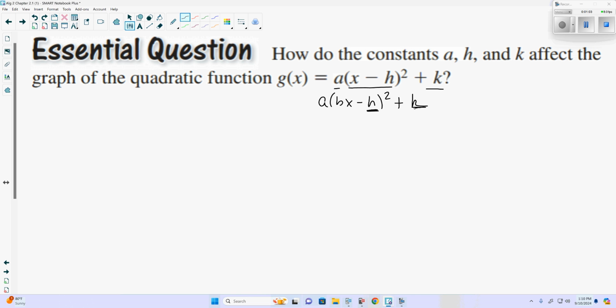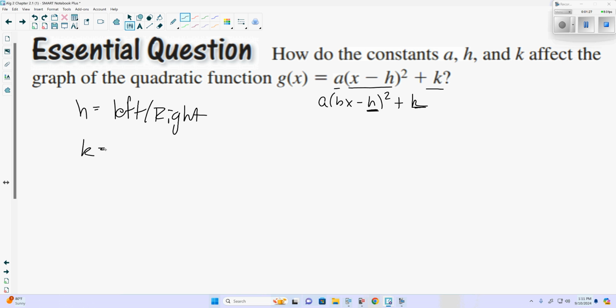And it's kind of the opposite of what we think. Because if we had x plus 3, it's moving to the left 3. If we had x minus 3, it's moving to the right 3. So this h is our movement left or right.